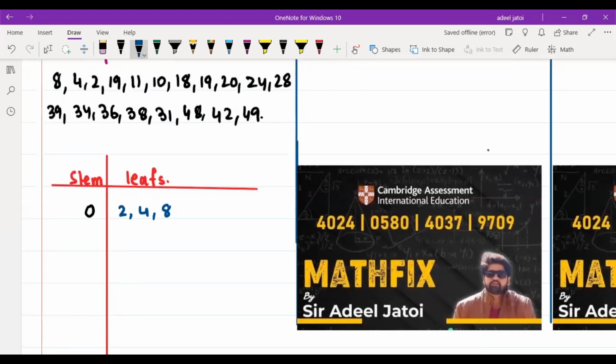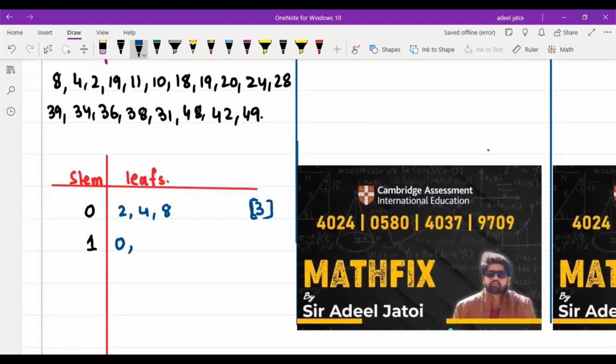How many numbers are there when we have stem 0? The frequency is 3 for this. Similarly, another stem will be 1. For this, since it is 10, we'll put down 0.